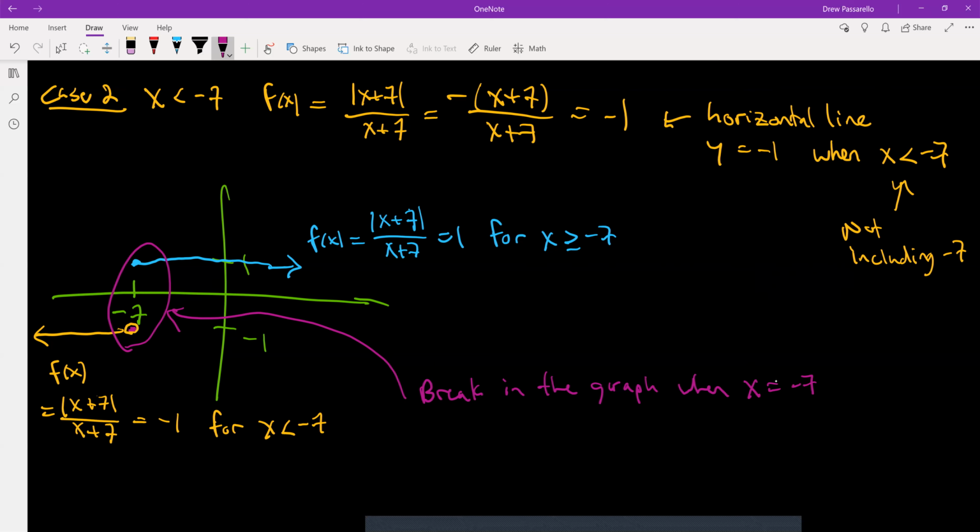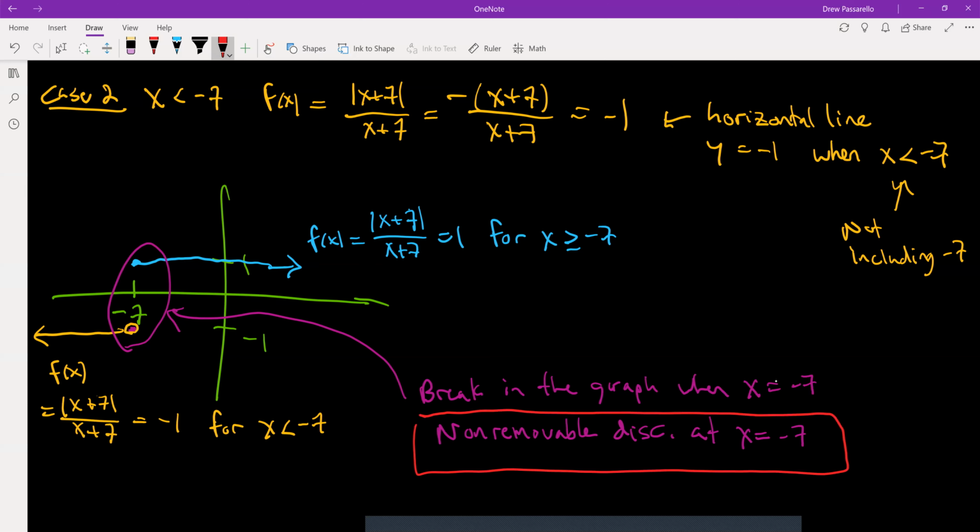Since I'm still going to have that break no matter if I redefine the function at that hole, this is going to be a non-removable discontinuity. So non-removable discontinuity at x equals -7. All right, so that's the answer for that one.